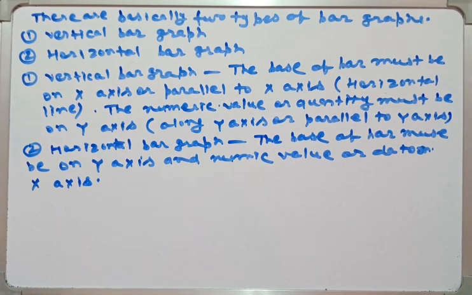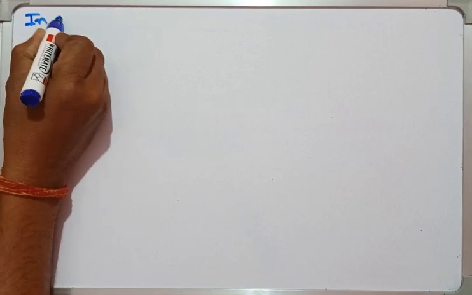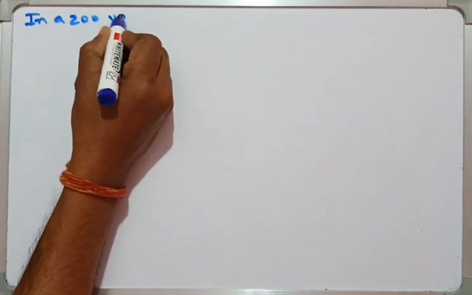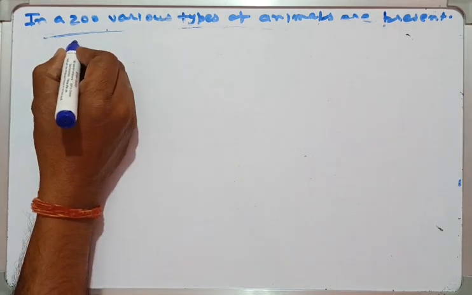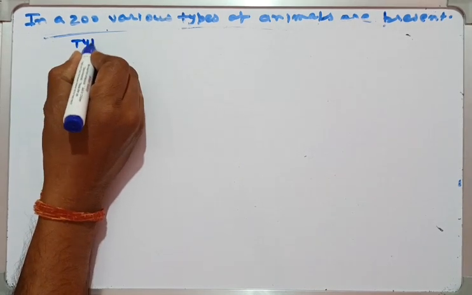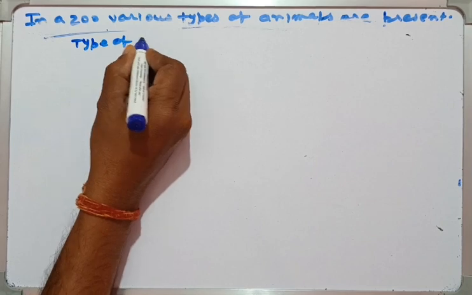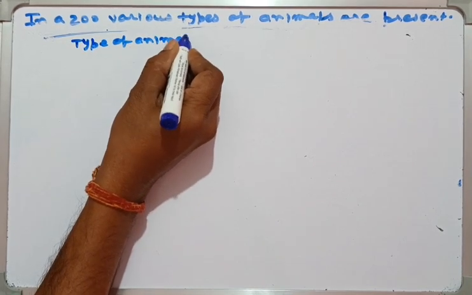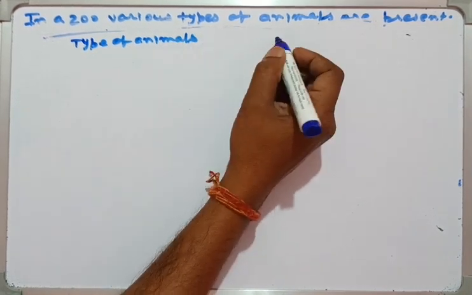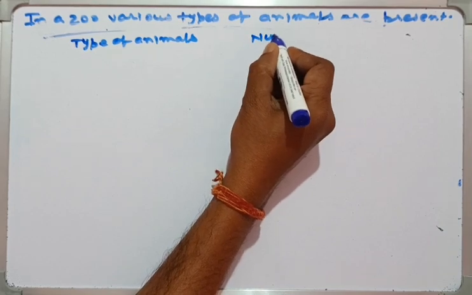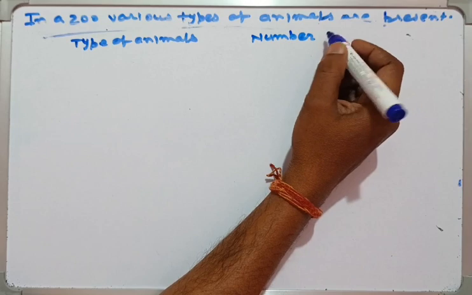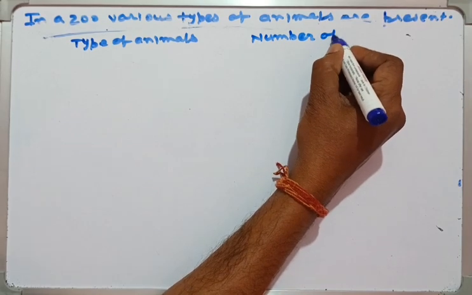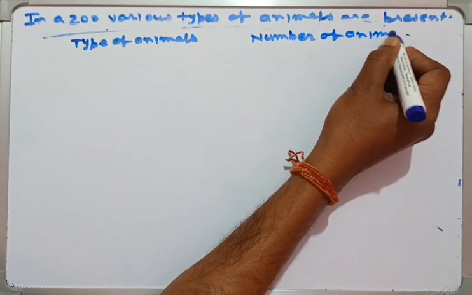See here, example: zoo animals in a zoo. Guys, see here, type of animals and their numbers. So here we write number of animals.